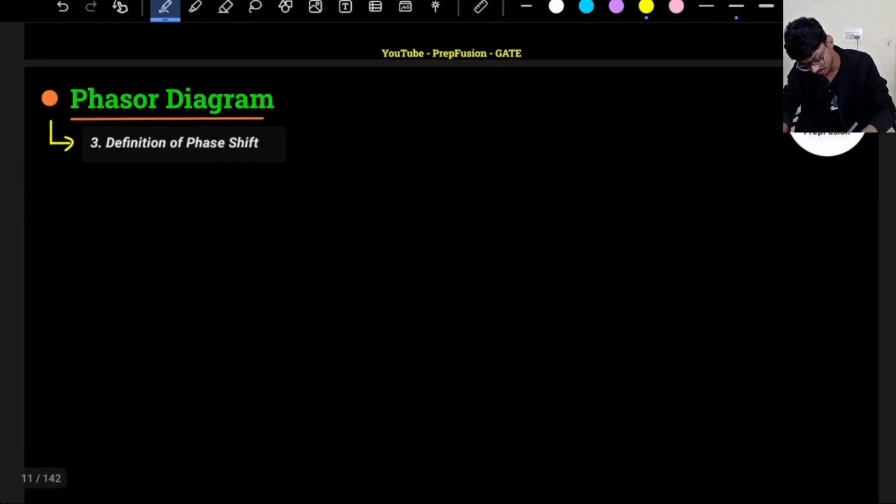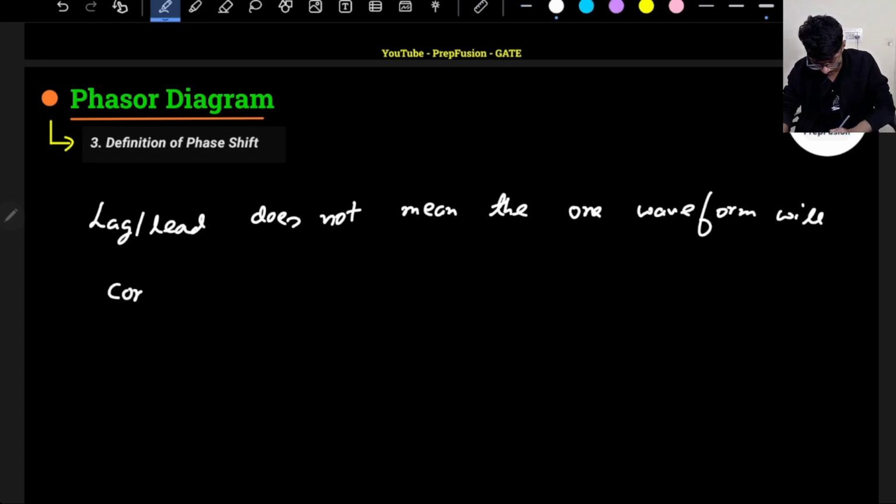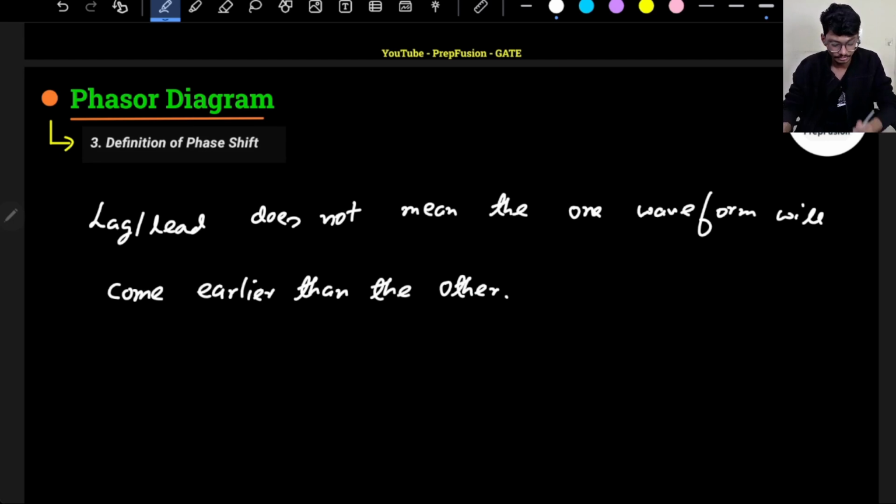So I will write here: lag/lead does not mean that one waveform will come earlier than the other. Okay, it does not mean this.